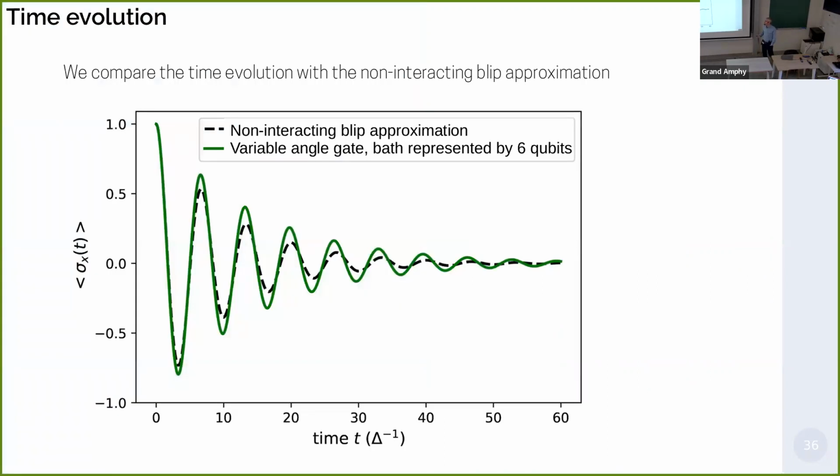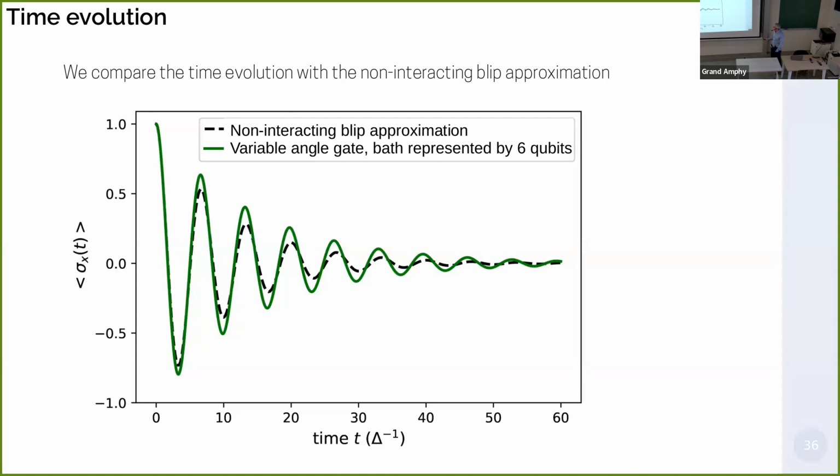Let me just show an example here, where we show the time evolution of the 6 qubits versus a spin-boson model solved in the non-interactive blip approximation. For short times it's okay.